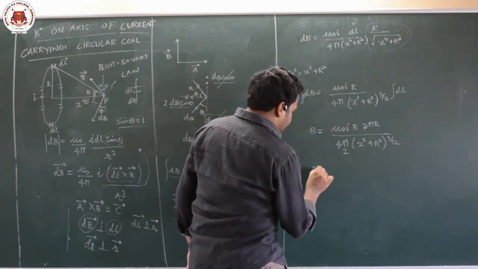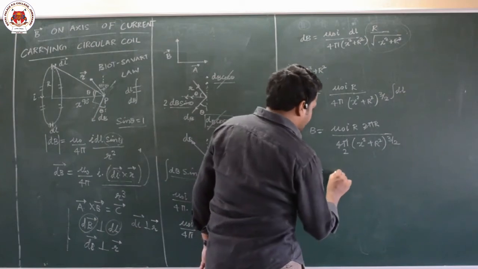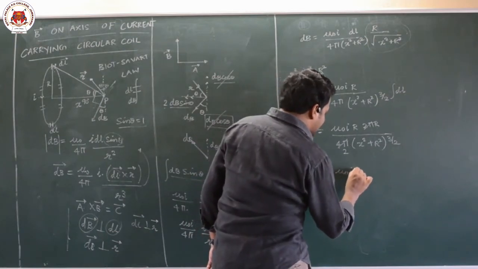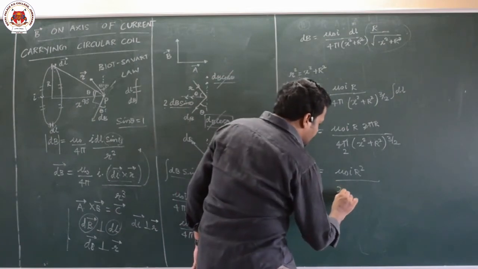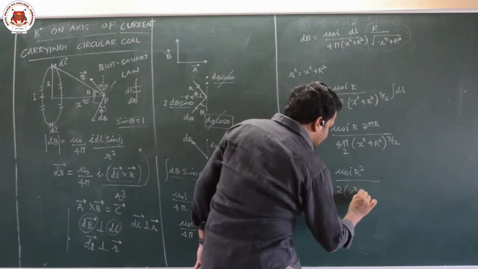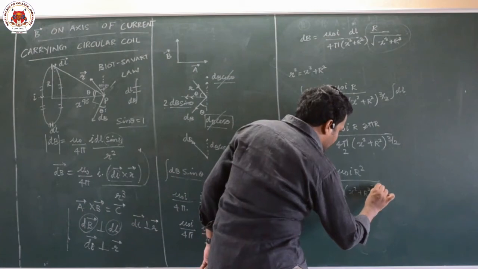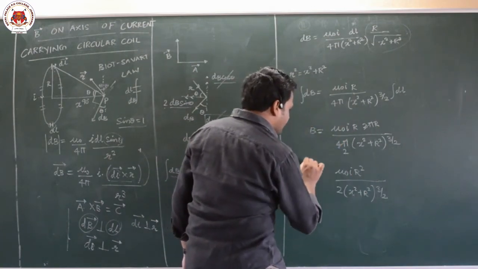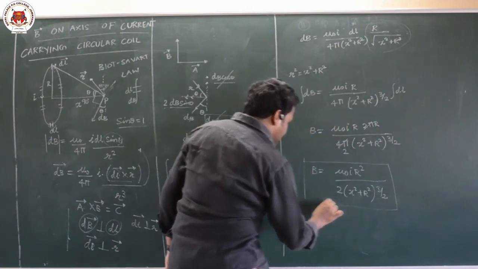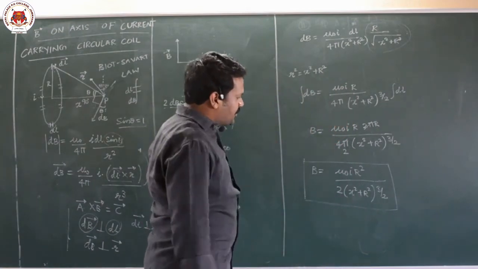B is equal to μ₀ I R · 2πR divided by 4π (x² plus R²) whole power 3/2. The 2π becomes 2, so B is equal to μ₀ I R² divided by 2 (x² plus R²) whole power 3/2. This is the value of B.